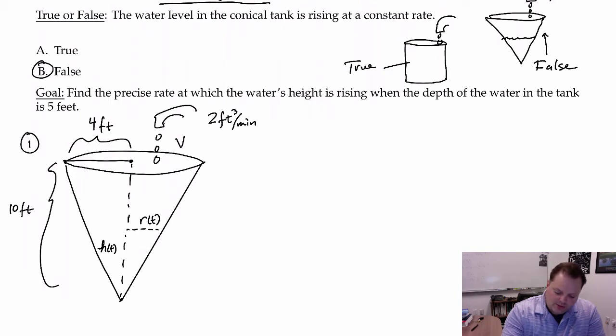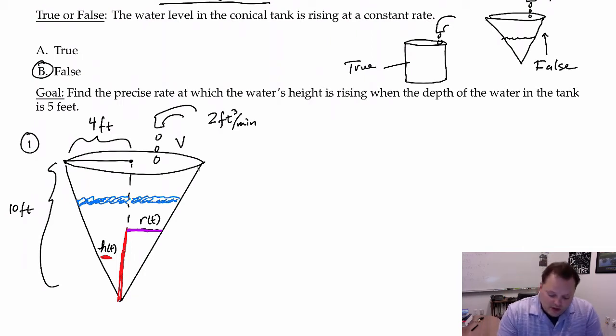This quantity right here, h of t, is the water's height. It's constantly changing. This distance is the radius of the water as it's filling up the tank. That is also constantly changing. And so I'm just thinking about what this would look like in general. So here's the water. What would this look like in general inside this cone?